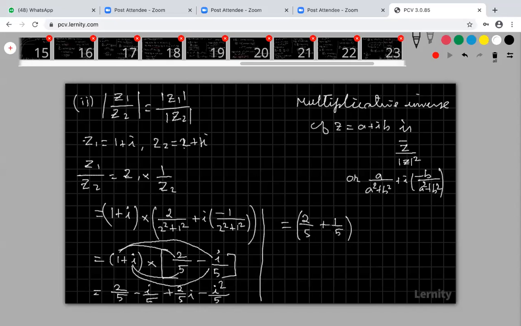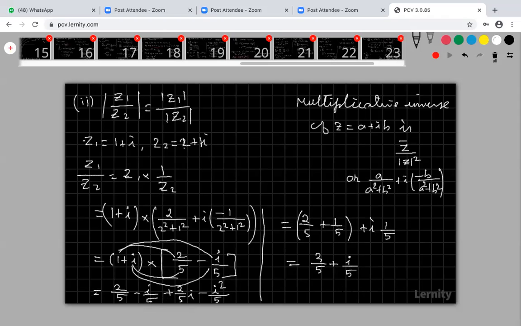These two terms are called real parts. Why? There is no i. No i means they are called real parts. But look, in these two terms some i is there. Here minus 1 by 5 i, here plus 2 by 5 i. Subtract: 2 by 5 i minus 1 by 5 i is nothing but 1 by 5 i. So therefore this is 3 by 5 plus i by 5.